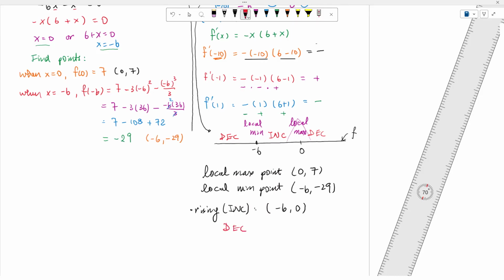And decreasing, or falling, is between negative infinity and negative 6, union with 0 to infinity.